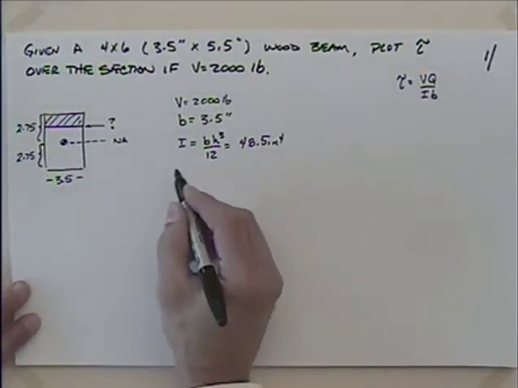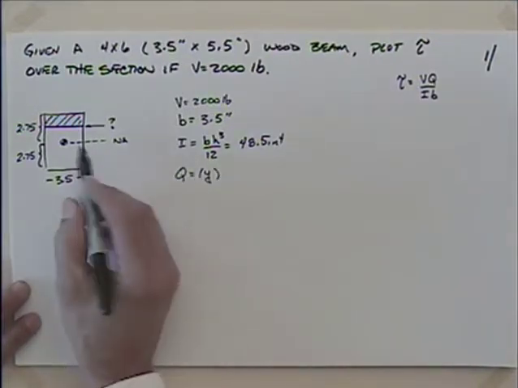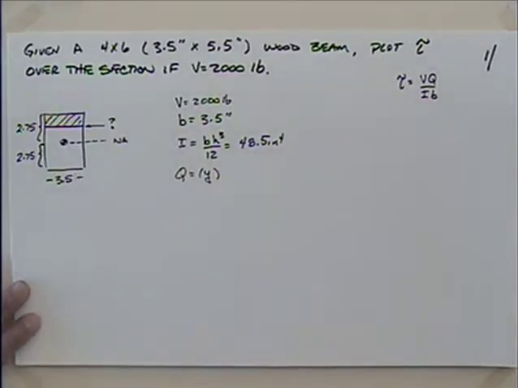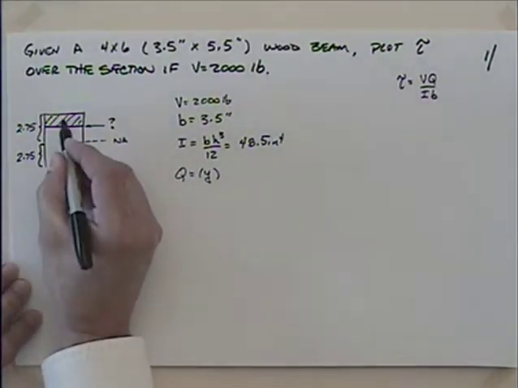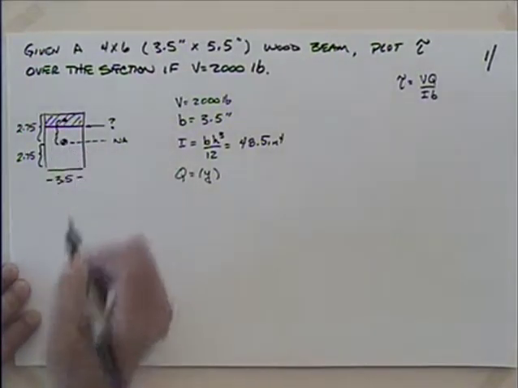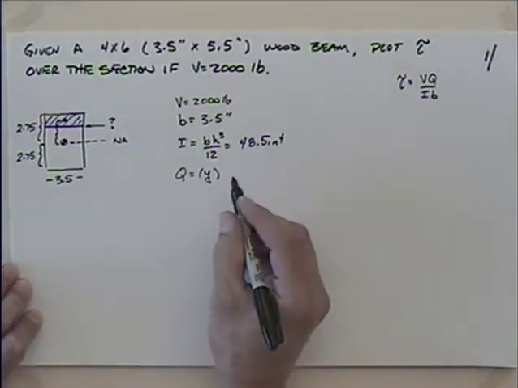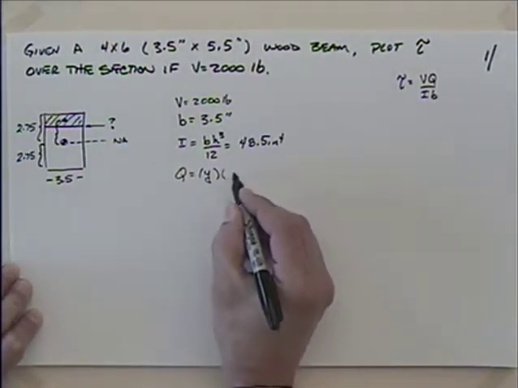So Q is really equal to the distance from the neutral axis to the centroid of the area above where we're trying to find that shear. In this case, I'd have to find the centroid of this area here and then find the distance from there to there. And then it's equal to the area.